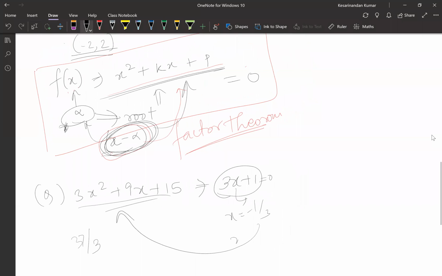So x minus 1 by 3 is equal to 0, basically. So that would be 3x plus 1 is equal to 0. If I put this, then I will get this value. I got this answer, but I thought this might not be the remainder. Okay, all right, fine then.